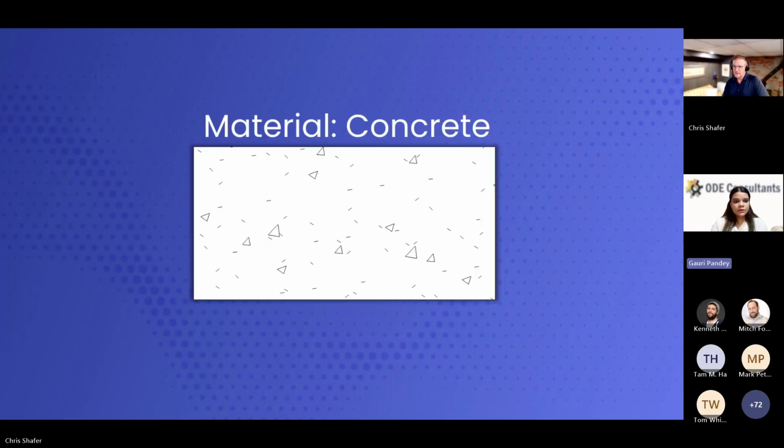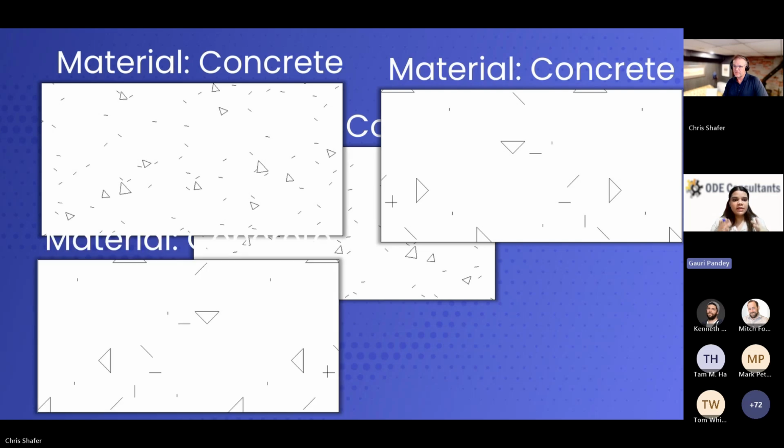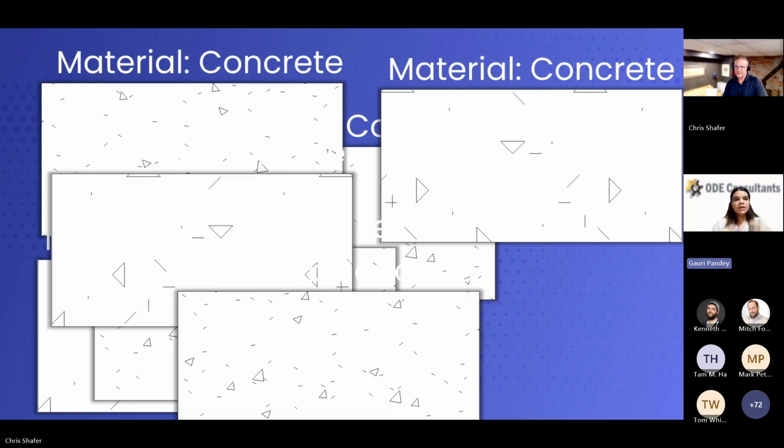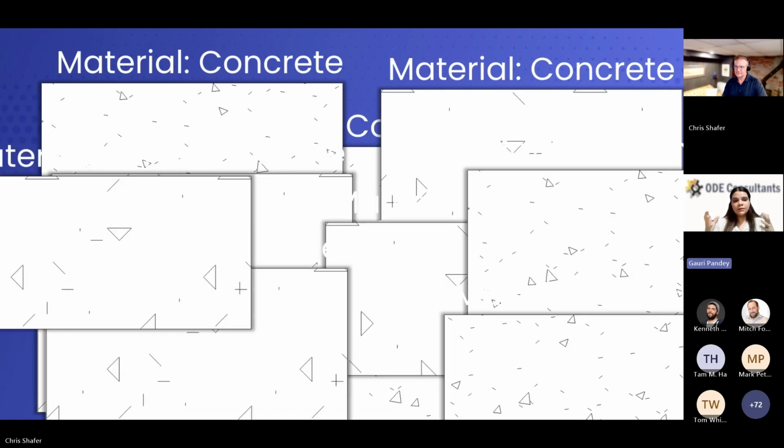Moving on to the next slide. One of the best examples that we chose to review was concrete. We studied how different concrete materials were being used in our projects. The problem wasn't the lack of standards. ODE already had a well-established standard. The real challenge was how to implement it in our workflow.